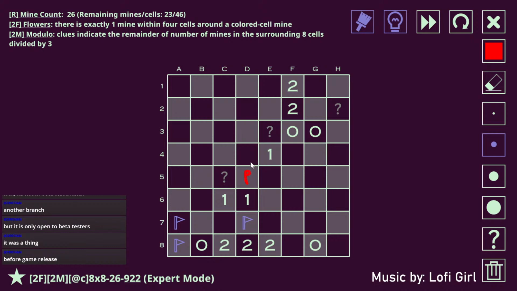If this is a mine, it must grow. This is straight up just a 2. Not a 2, a 4.